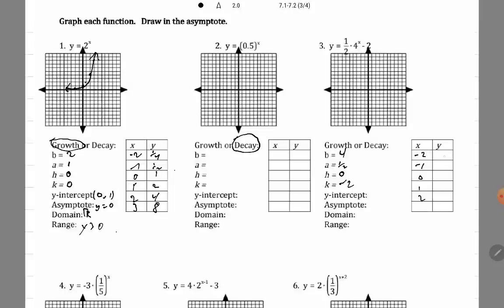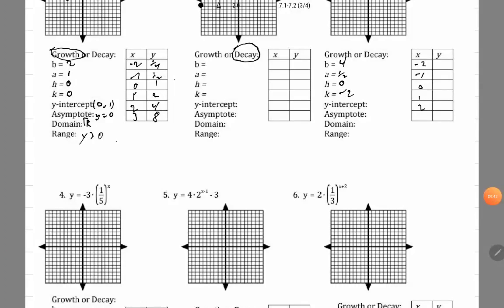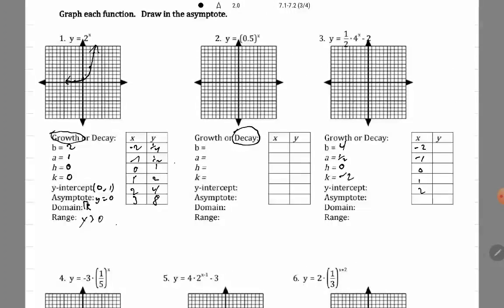If I plug in -2 into the equation, I get... Alright, got interrupted again. Here we go. So I plug in -2 into this equation here. 4 to the -2 is 1/16. And then we have to times the 1/2, which is equal to 1/32.